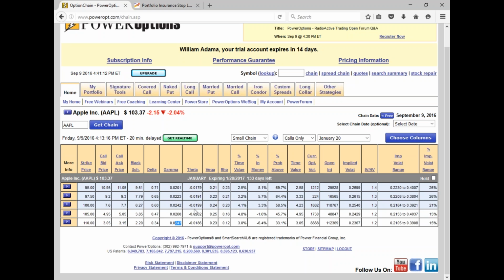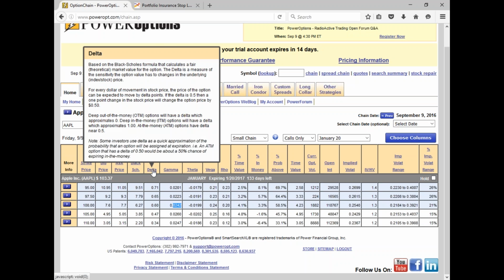Or we could call it 0.05 and 0.025, okay? So in that situation, I might buy two of the 0.025 gammas and sell one of the 0.05. So as the market moves up, I should be gaining gamma equal to what I'm losing. That's gamma neutral. Some investors try to do that.